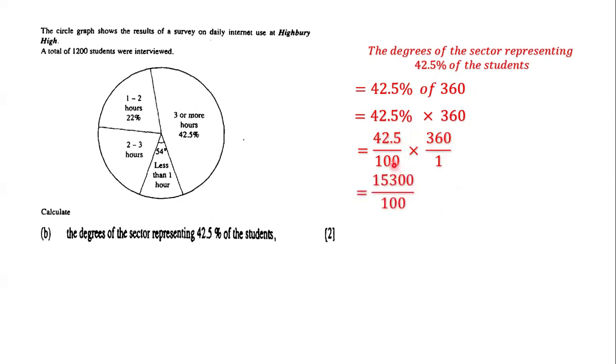And then we take 100 and multiply it by 1, which is 100. Finally, we take 15,300 and divide it by 100, and that gives us 153. So that means that the degrees of the sector representing 42.5% of students is 153 degrees.